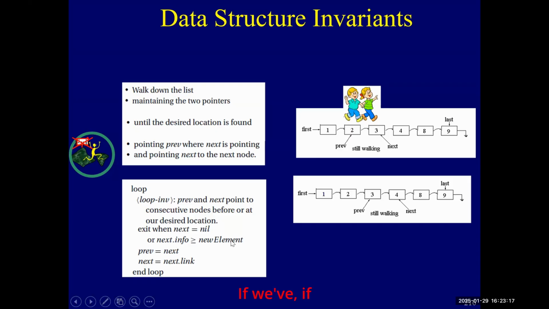If next is past, we want to stop. Anybody know how an OR operates? Remember, with an OR, only one of the things needs to be true. So which one does the computer do first?